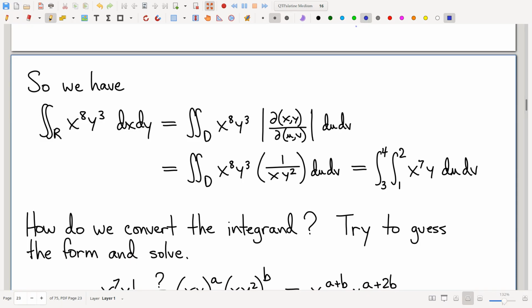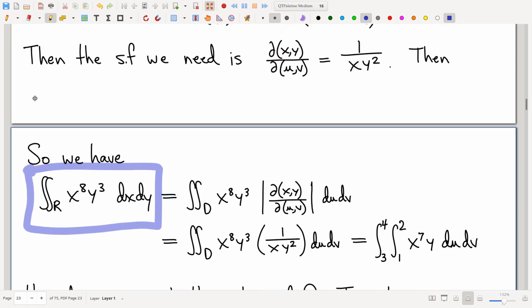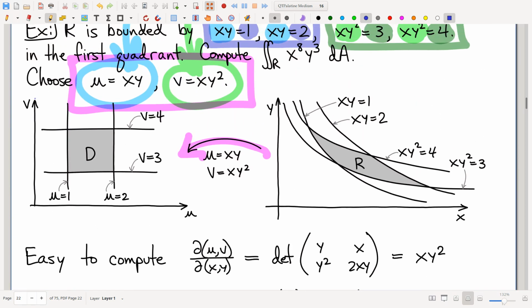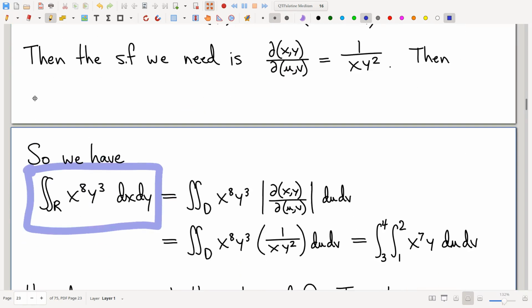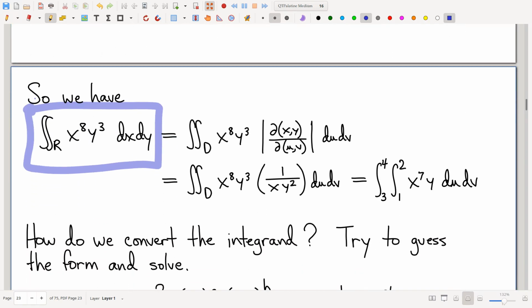Here's the integral we're interested in. And I know that I want to rewrite it in terms of u's and v's. Again, I look back here, and I've got an integral defined on this domain. I would much rather have an integral defined on this domain. In other words, I want to rewrite everything in terms of u's and v's.